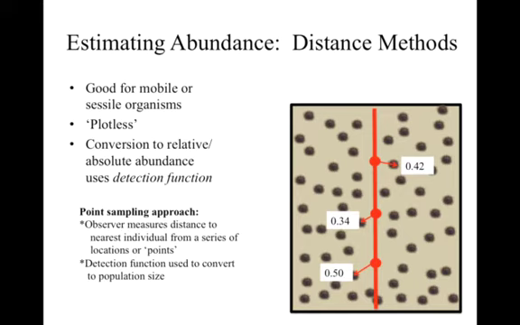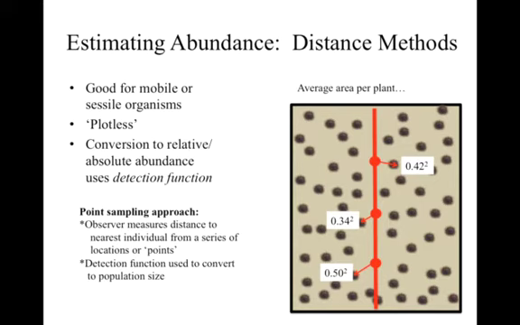You might be wondering, well, how do I get from these distances to abundances of urchin, to how many urchin are in this entire area? Well, the first thing you have to do is convert from the distance measured to the plant to the average area taken up per plant. So if it's about 0.42 meters to the first urchin, then you can assume that 0.42 squared is about the area taken up by an average urchin.